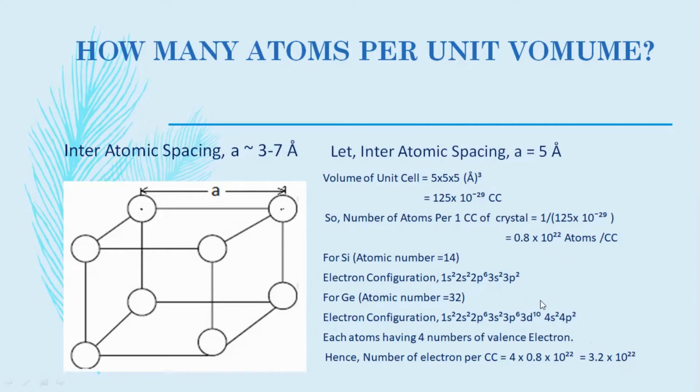If it is not simple cubic, if it is BCC, then it should be multiplied by 2, and if it is FCC, then multiplied by 4. So you can have a huge number of electrons per cc of any semiconductor crystal.